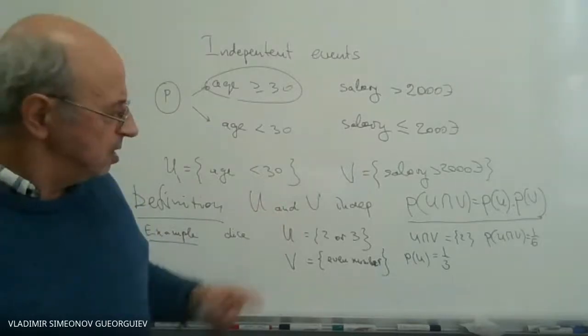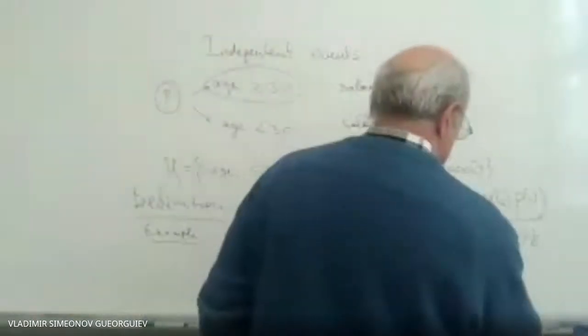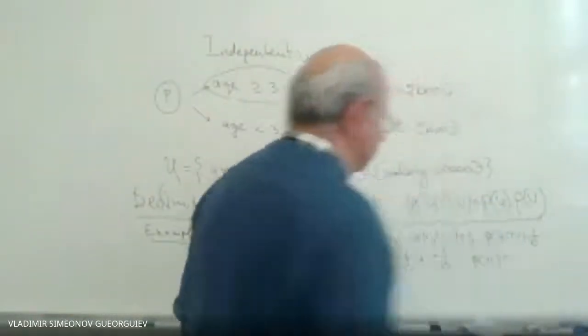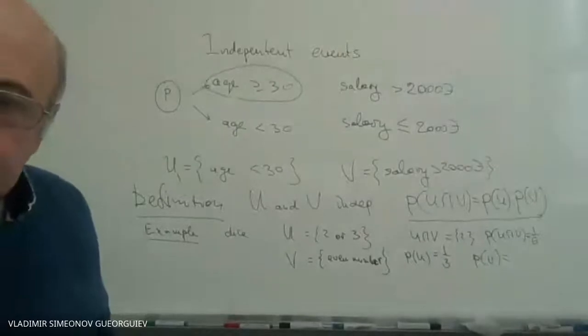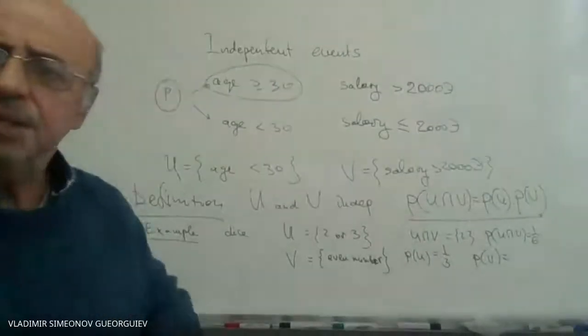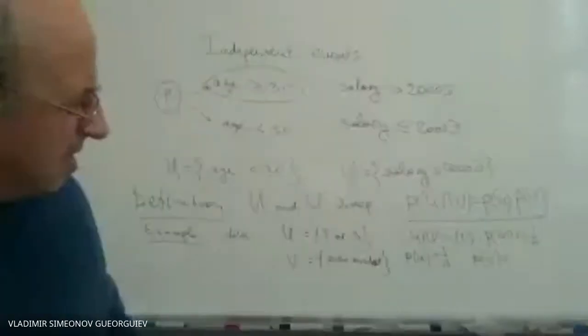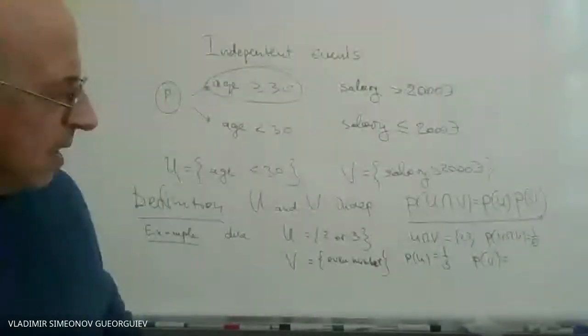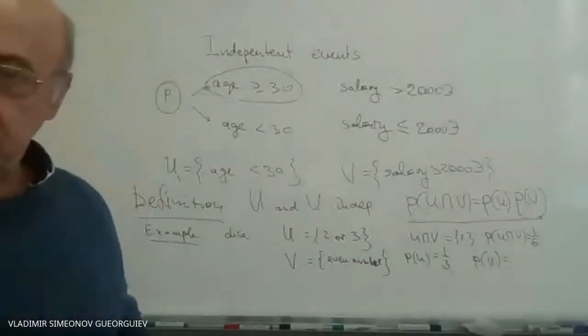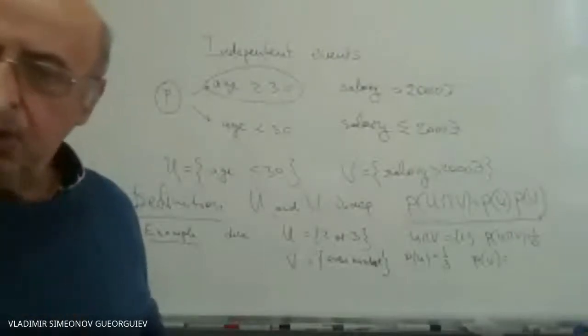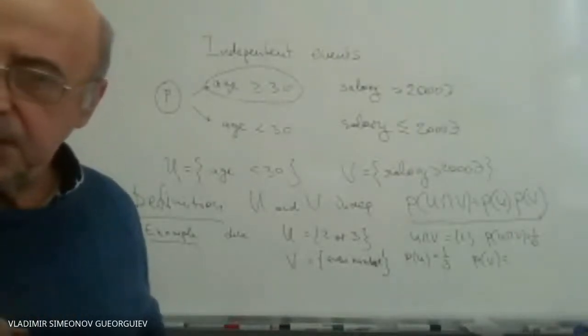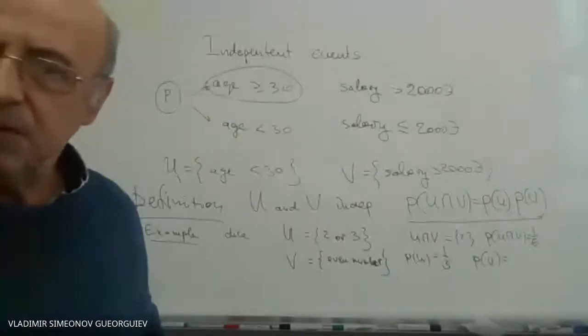What is the probability of V? When you draw your dice, even numbers are 2, 4, and 6. So you have 3 exits divided by 6.